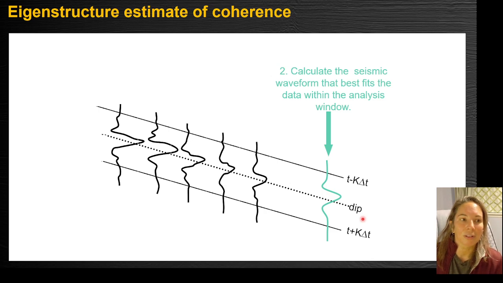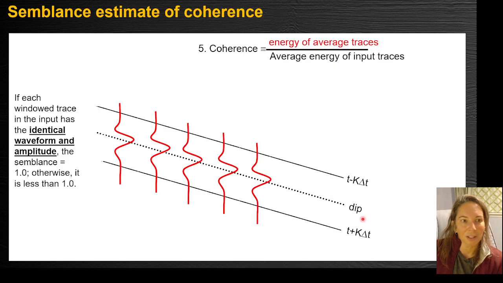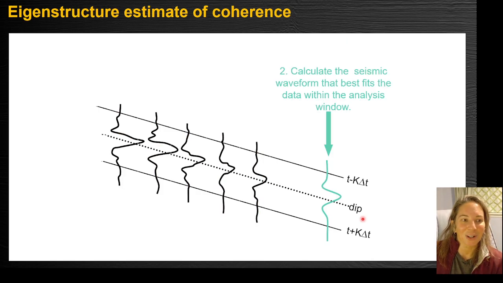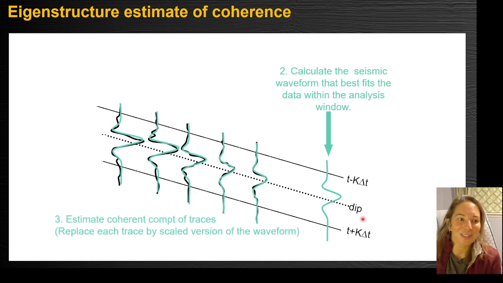Another way we could calculate it is with the eigenstructure estimate of coherence. In this one, we start off with the traces, and then we calculate the seismic waveform that best fits the data within the analysis window. I got those out of order, sorry about that. But just like before, we calculate the energy of the input traces and then calculate the seismic waveform that best fits the data within the analysis window. And then from there, we estimate the coherent component of the traces.